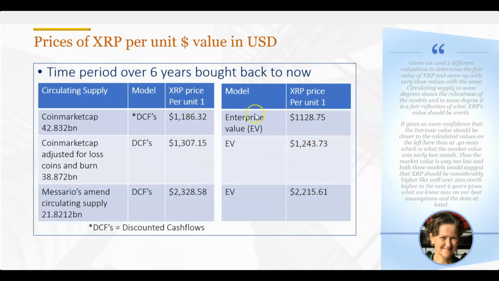You get my drift? 10%, which is the lowest, right? Even if we assume they get hardly any business, the fact of the matter is the fair value price, or the intrinsic value price, should be a lot higher than what we are looking at for the market value price of XRP.